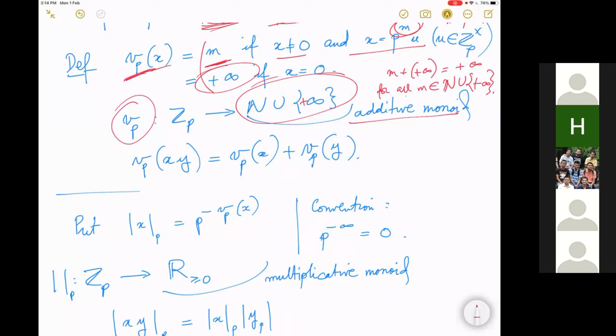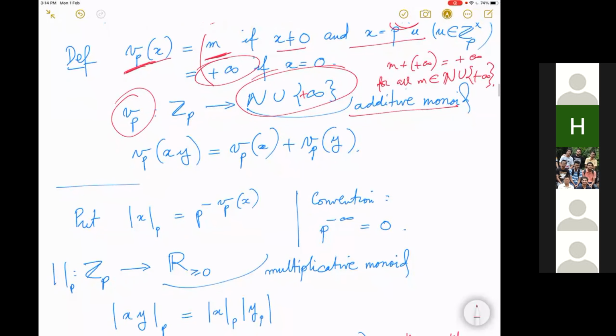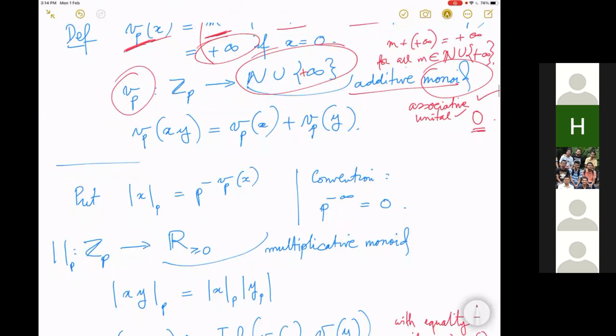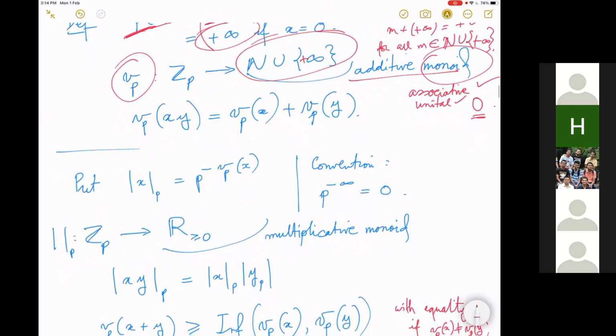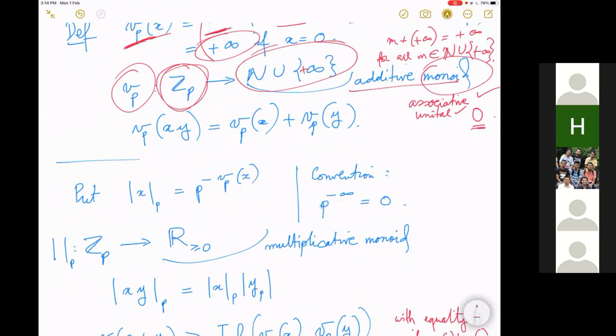And it's a monoid because, right, for a monoid, what do you need? For a monoid, you just need it to be associative and unital, right? So it's associative and unital because it has a 0. That's right. Okay, so it's a monoid, and this v_p is a map from Z_p, which, being a ring, is also a monoid.